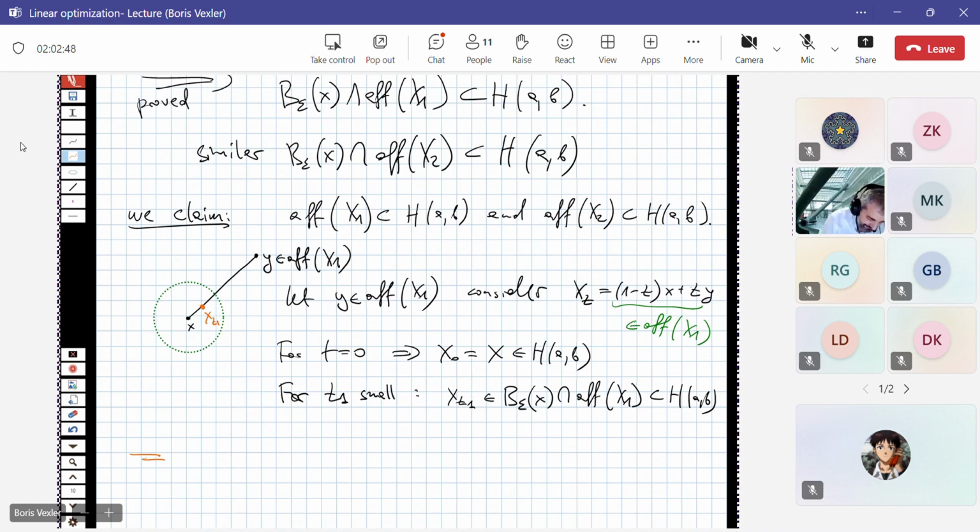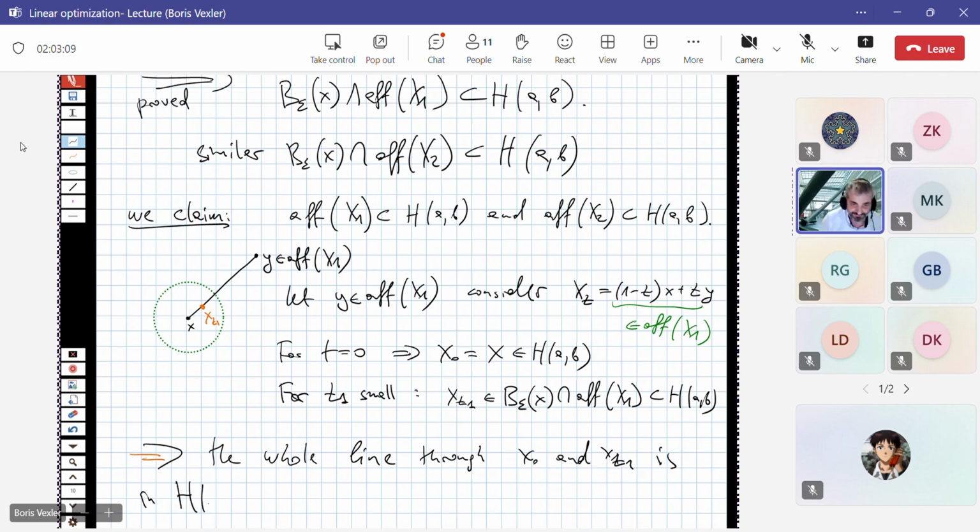Therefore the whole line through X_0 and X_t1 is in the hyperplane, and therefore also Y is in this hyperplane.